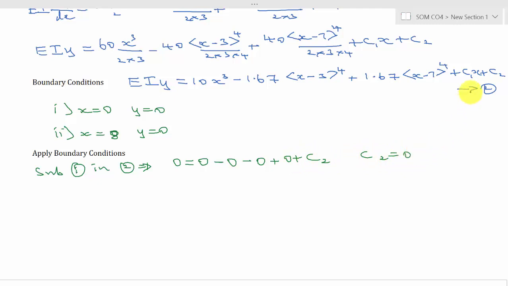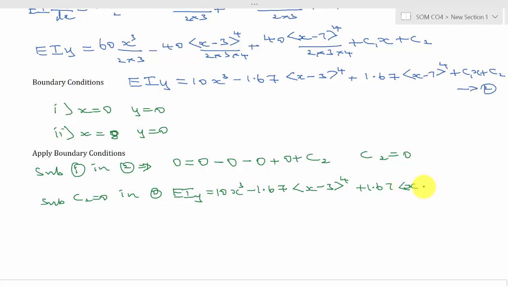So substitute this in equation number 2. That is, substitute C2 is equal to 0 in equation number 2. That is EIy is equal to 10 x cube minus 1.67 (x minus 3) the whole power 4 plus 1.67 (x minus 7) the whole power 4 plus C1 into x.